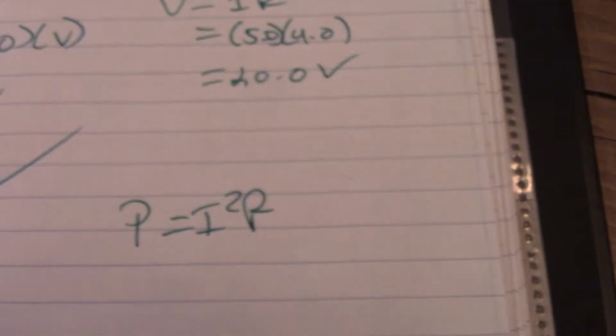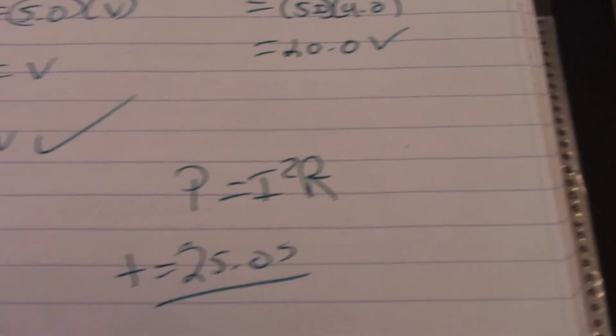We have two equations that we can use. You have a resistance and a current, so you have P equals I squared times R. You also have a time, 25 seconds, and we're trying to find energy.